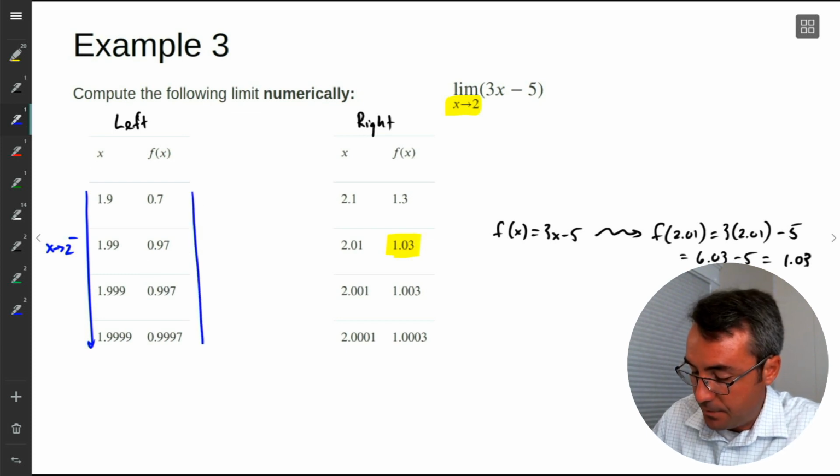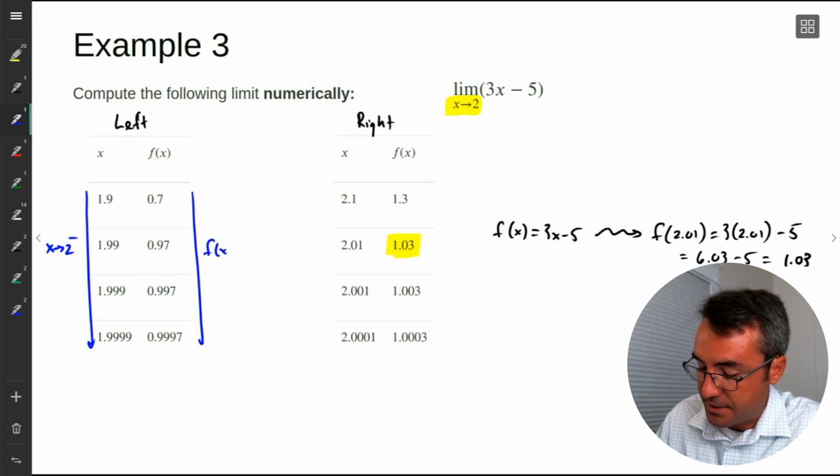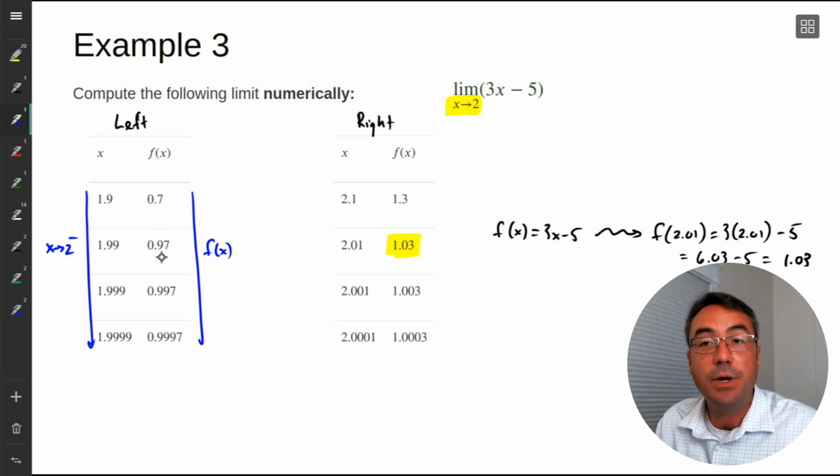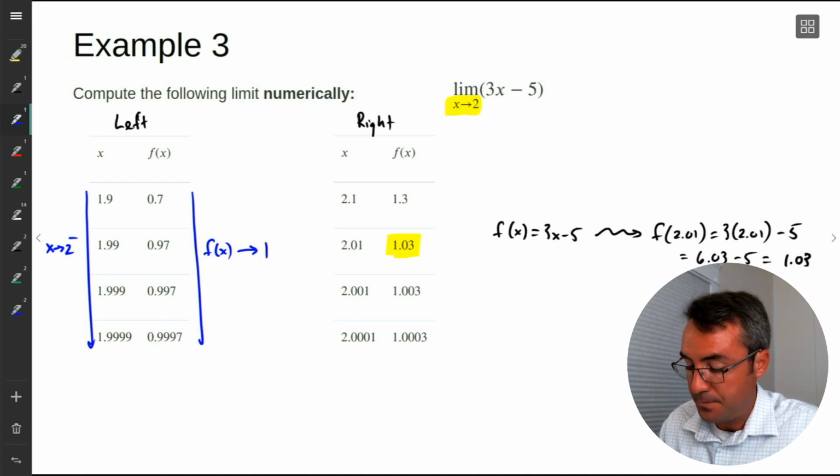As we read down, we have 0.7, then 0.97, then 0.997, then 0.9997. It looks like these values are getting closer and closer to the number 1. So it looks like f of x is getting closer to the number 1.